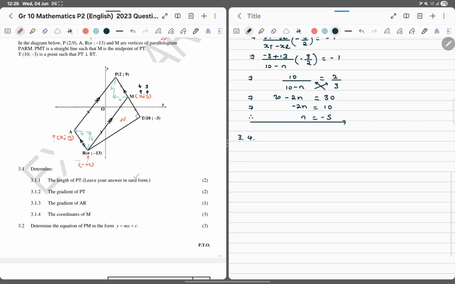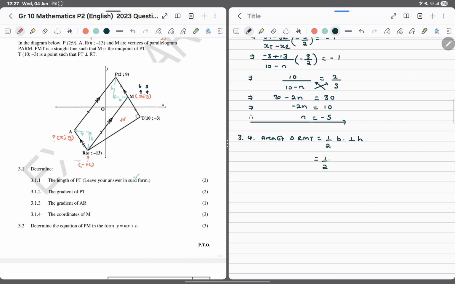So, well, what we want is to say, area of triangle RMT is going to be equal to half base times perpendicular height, right? This is equal to half.